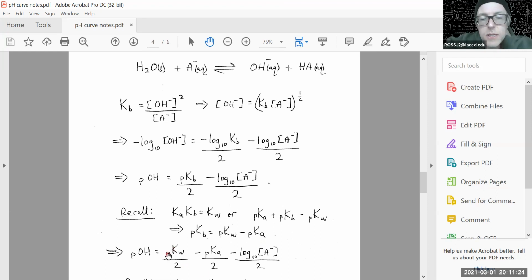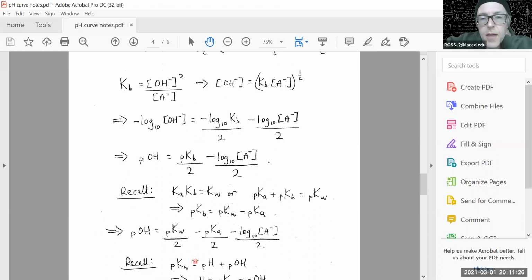So that's where you see this expression here. And then I've got the original part of my term here, the minus log base 10 of A minus over 2. So pause the video, have a look at that. You can see that all we've done is sub in this expression for pKb into this expression for pKb here.